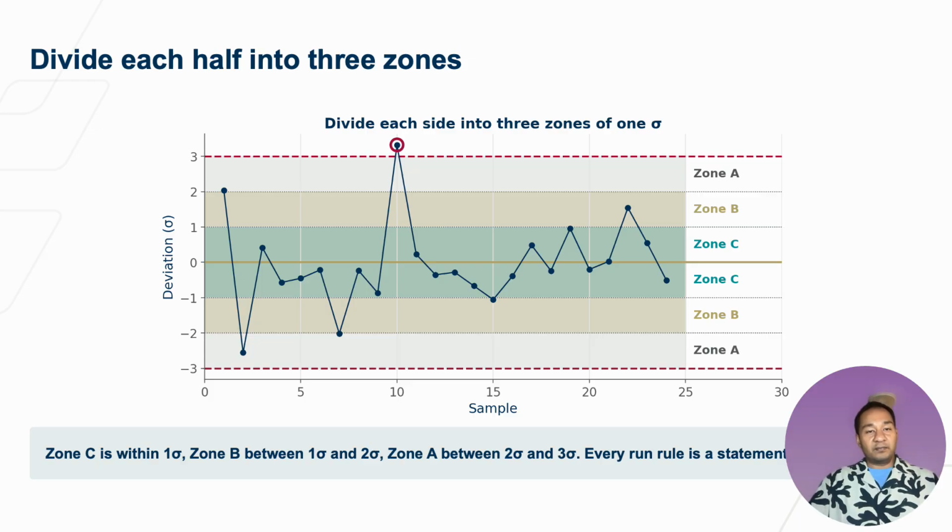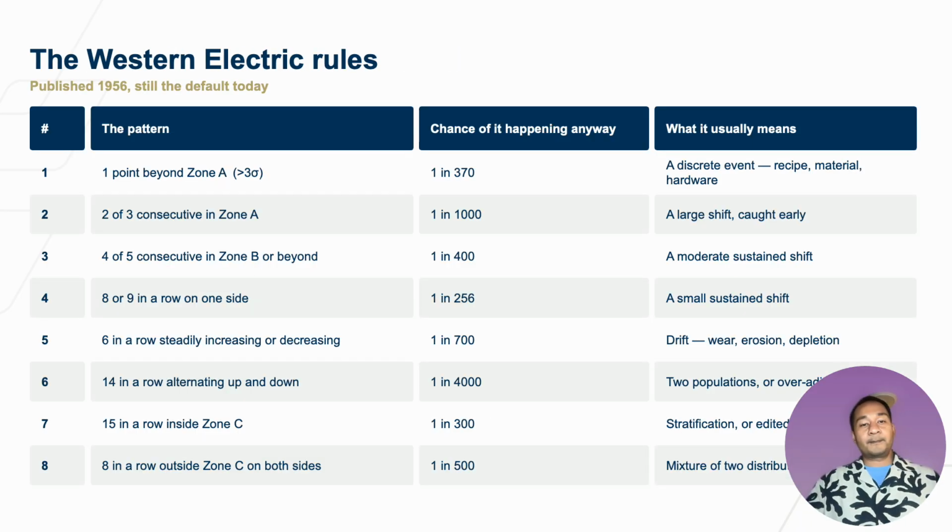Why zones rather than raw values? Because the zones are defined in sigma, the same rule applies to any chart of any quantity in any units. A rule about zone A means the same thing on a CD chart in nanometers and an etch rate chart in angstroms per minute. That is the Z score from last class doing its job again, one universal ruler.